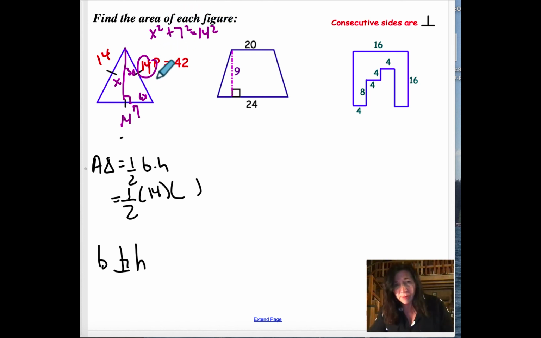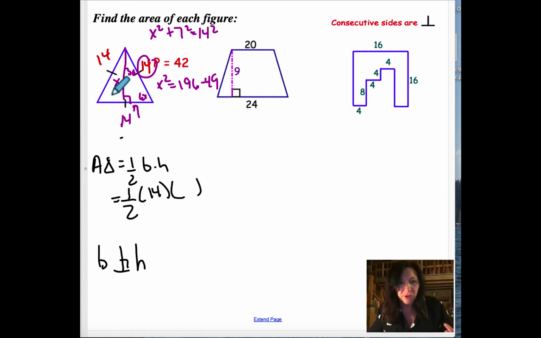So x squared is equal to 14 squared, which is 196 minus 49. 196 minus 49 is 147. So the square root of 147 is about 12.